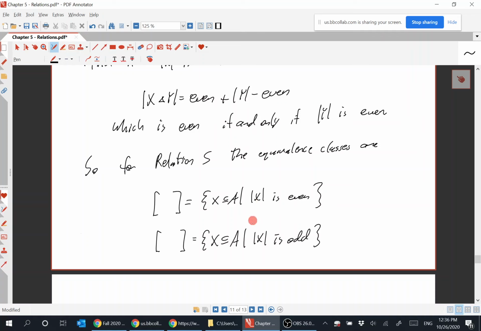So this isn't 100% right, what I put here. There's one counterexample to this discussion of equivalence classes. One set. Maybe the empty set? Yeah, exactly. The empty set has no subsets of odd order.